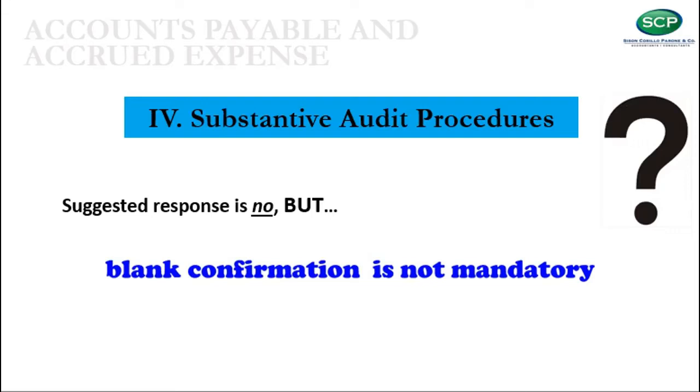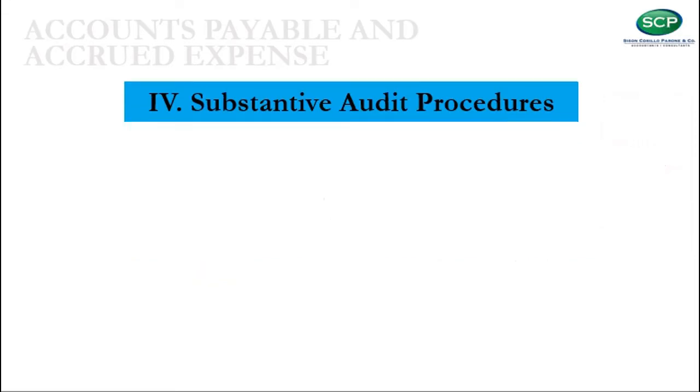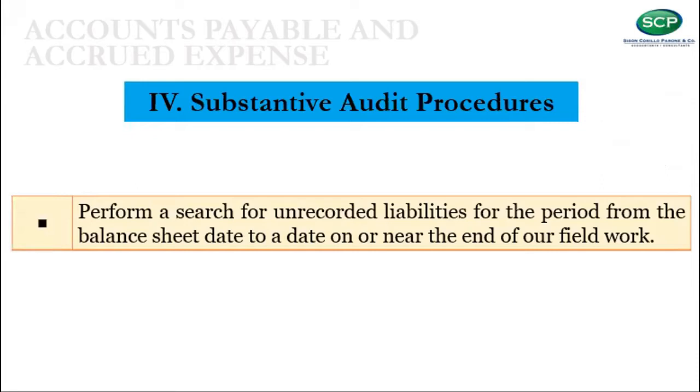Another very important procedure we conduct on accounts payable and accrued expenses is to perform a search for unrecorded liabilities for the period from the balance sheet date to a date on or near the end of our field work. For audit efficiency, testing for subsequent payments and/or source documents of selected accounts payable and accrued expenses should be done simultaneously with the search for unrecorded liabilities procedure.